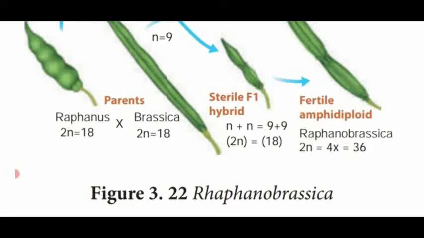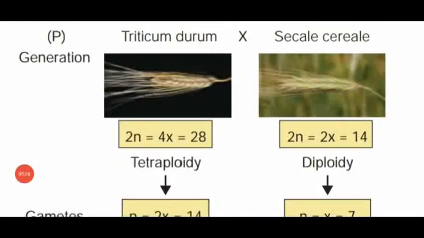Another one is the triticale, that is crossed between Triticum durum and Secale cereale. So the expected result appeared, so the triticale is named as the first man-made cereal or artificial cereal. Dear students, this is Triticum durum, tetraploidy, that is 4x in number, and Secale cereale, diploid.